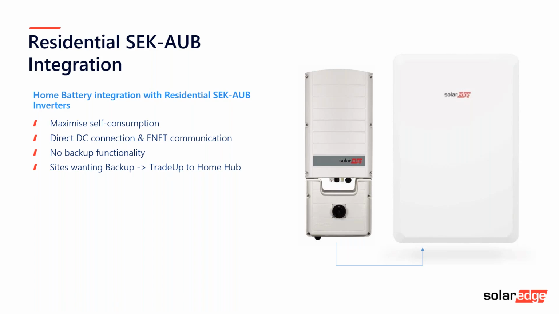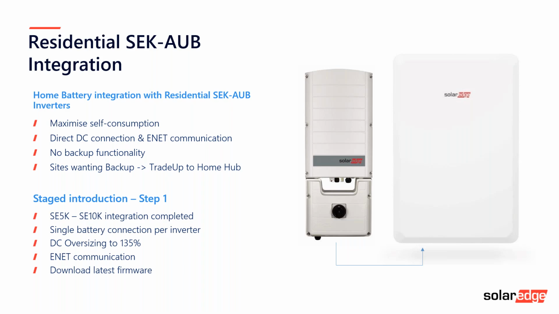But like our Genesis inverter, it will accept DC battery connection for maximized self-consumption applications. But if you've got homeowners out there who, when they get a battery, still want backup, we are still running the trade-up program where any three-phase inverter can be swapped out to a home hub. And we do have some backup solutions for multi-phase sites, which James will talk about in a minute.